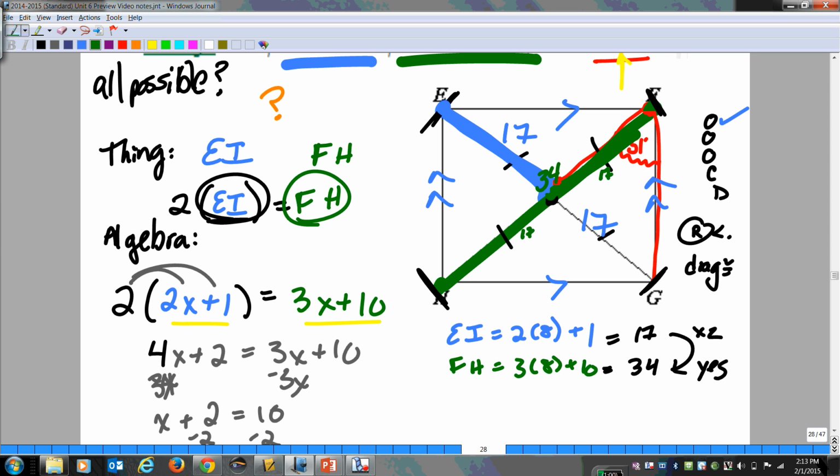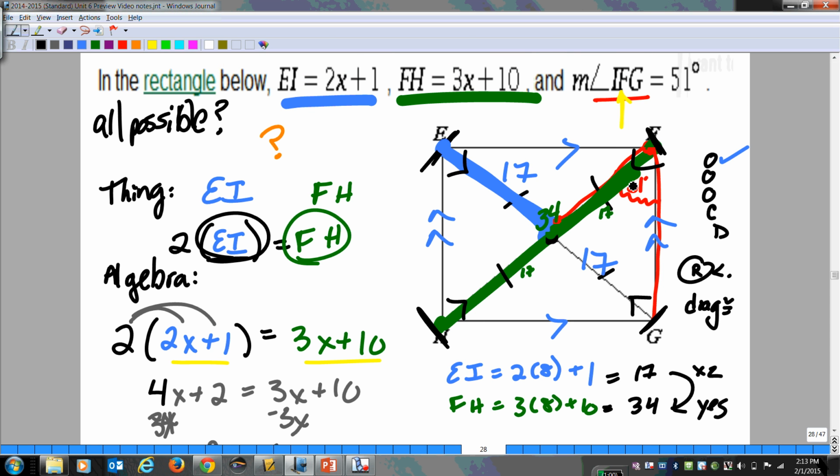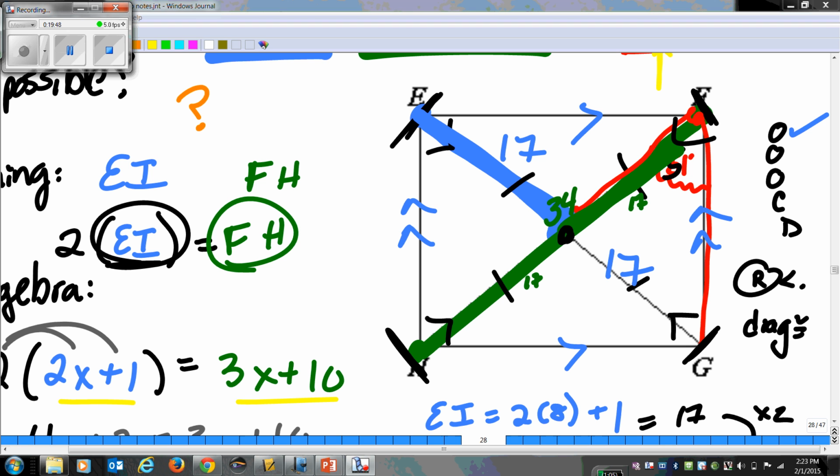Now we also want to find all the angles. Now remember, we have right angles in the corners. So right here, if this is 51, now we're going to focus on the angle and see what we can get with the angle here. This is the 51 that we were given.